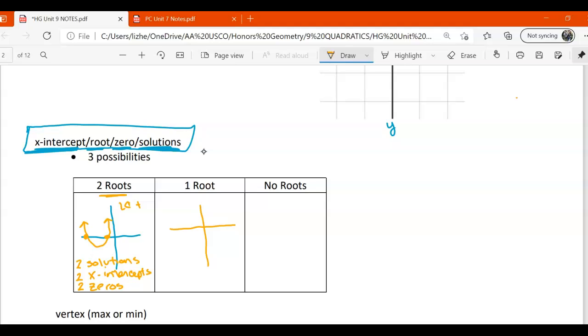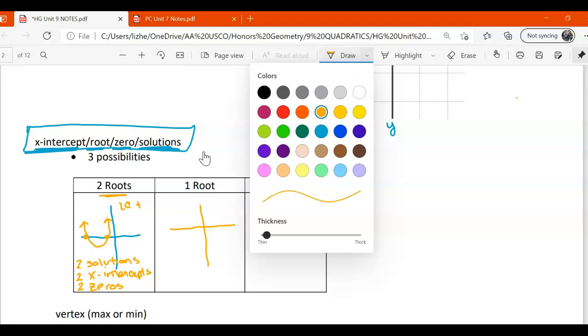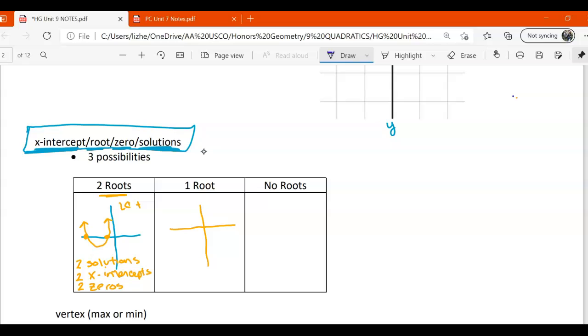All right, another option for any parabola is that it has 1 root. That means that it has to touch my x-axis but not cross it, which means, let's put this parabola on there right there. That means the vertex is on the x-axis. So that could go down, it could go up like this. Vertex is on the x-axis.